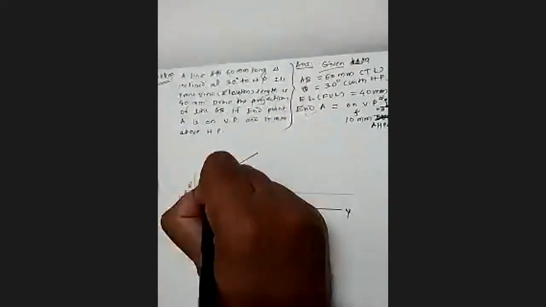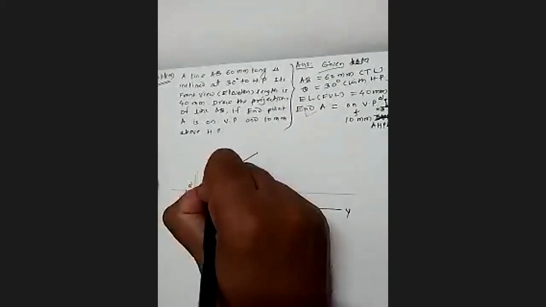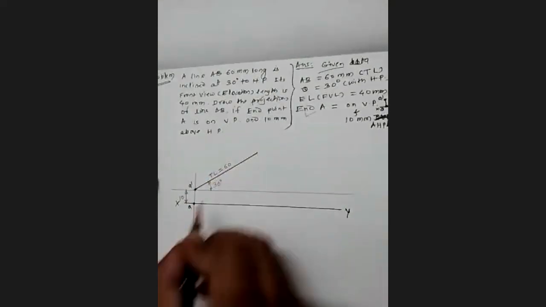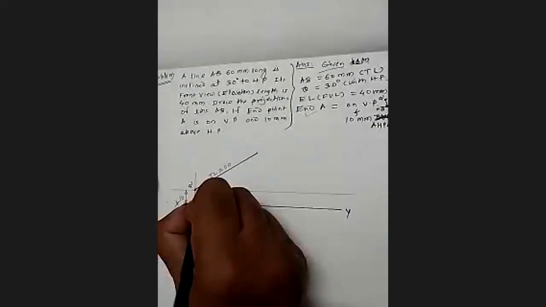So this line is nothing but the TL, and TL is 60 millimeter. This angle, 30 degree, we denote it with the letter theta. Theta is 30 degree. Right.